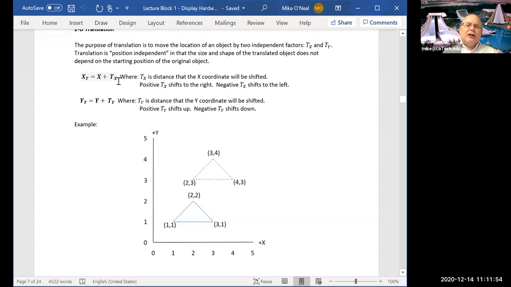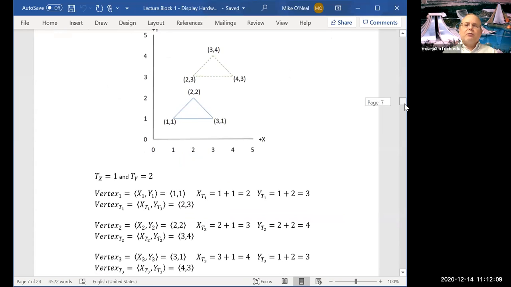And here, again, we're showing moving this triangle over 1 and up 2, so I have to apply it to all 3 of the vertices to get the 3 translated vertices. And you'll remember when we were going over these, we said it's important to remember that these transformations are linear and that straight lines get translated to straight lines.